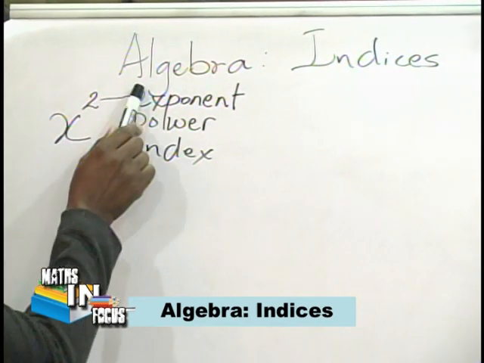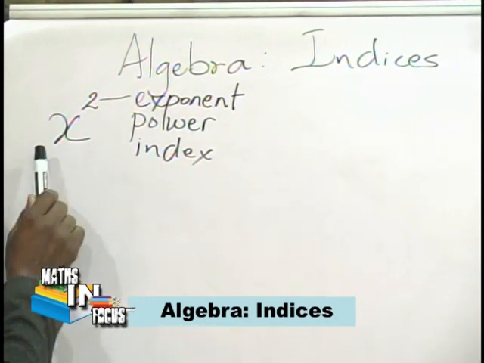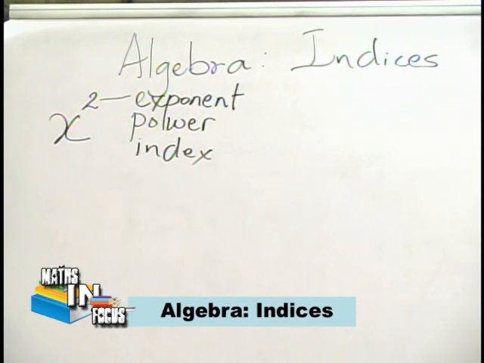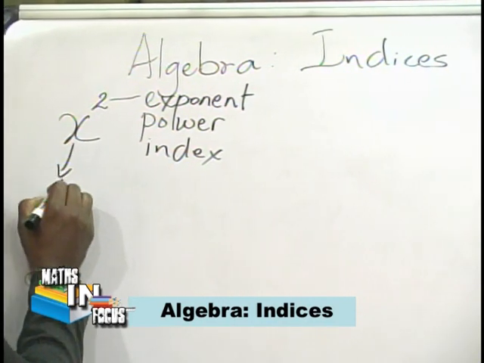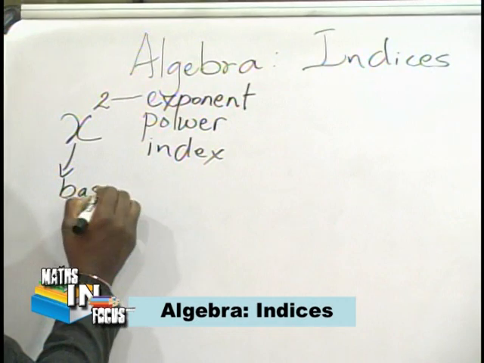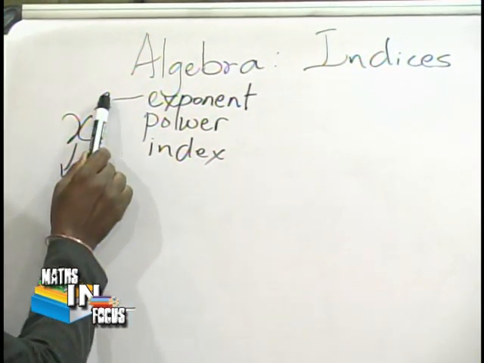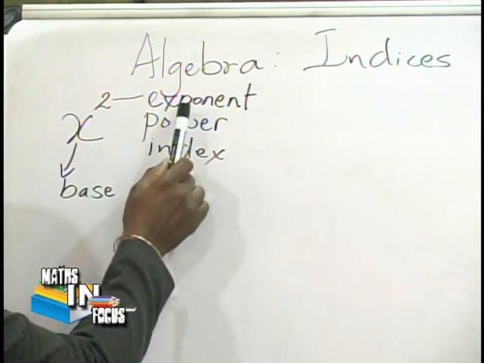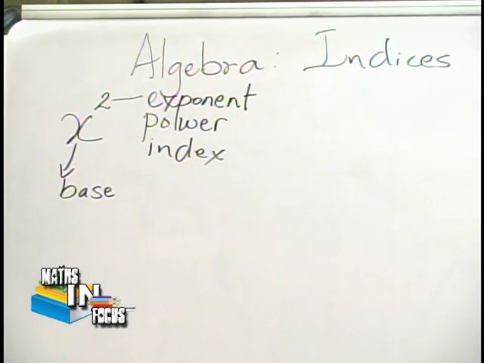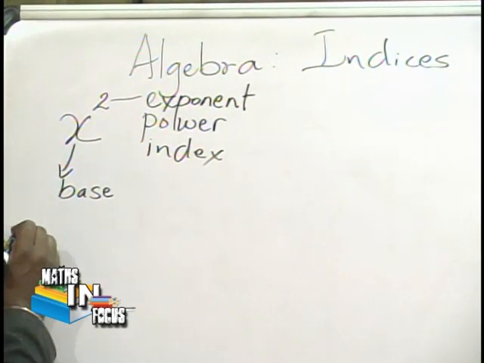Now if the 2 can be considered any one of these, what do we call the x? The base. X is called the base. Now we will be dealing mainly with powers or index or exponent. That's why we have our topic indices. We'll be looking at different operations, and we'll be coming up with generalizations or rules. Now let's go.